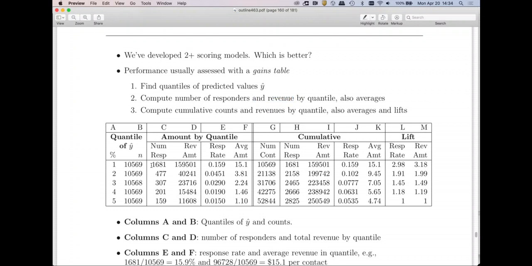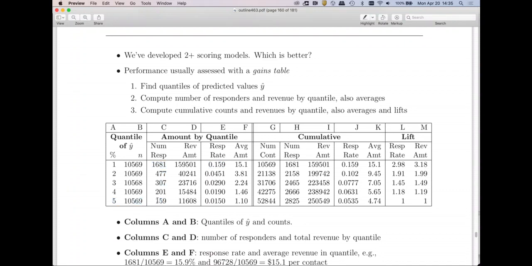So this model is clearly doing something, because in this first quintile, there were 1,681 out of the 10,569 that responded. That corresponds to about a 16% response rate. Now let's compare that with the bottom quintile, the one my model said is the worst.